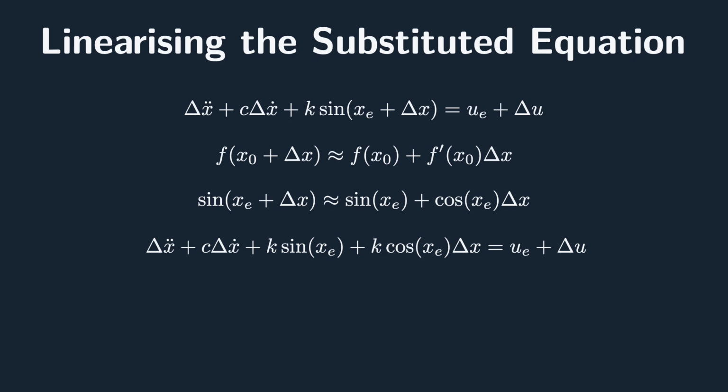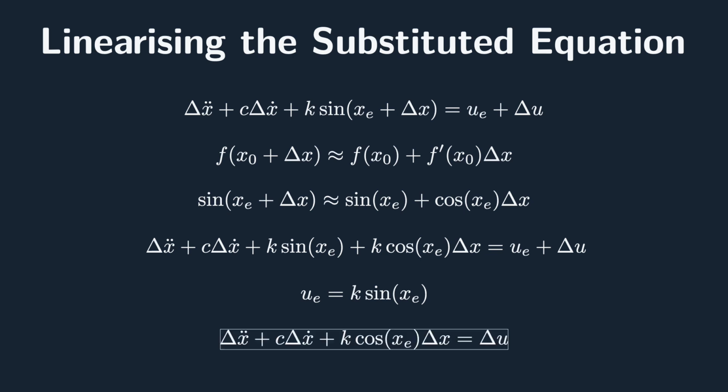But from the equilibrium condition, u sub e equals k sine x sub e. So these constant equilibrium terms cancel. This leaves the same local linear equation we derived using the partial derivative method. So the substitution method and the partial derivative method are two ways of expressing the same local linear approximation.